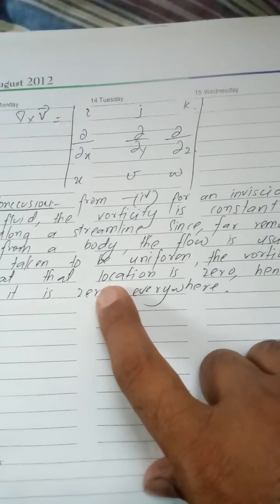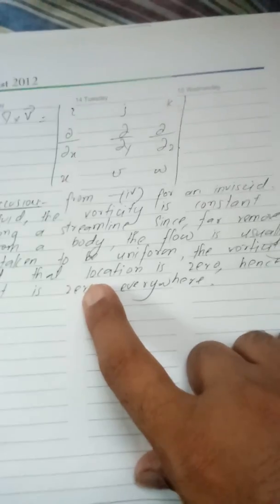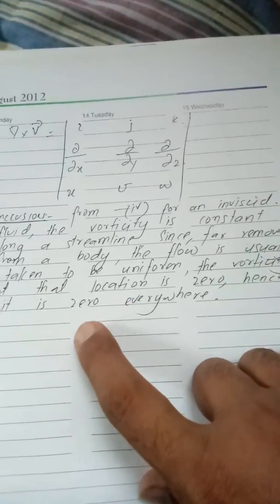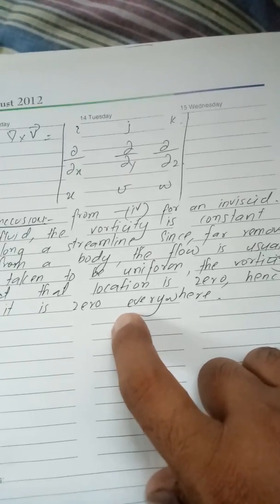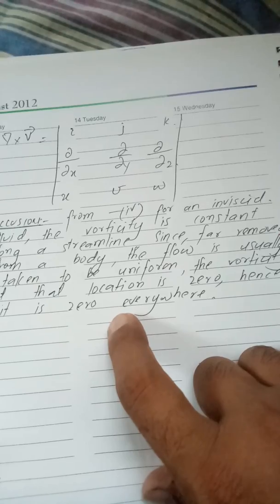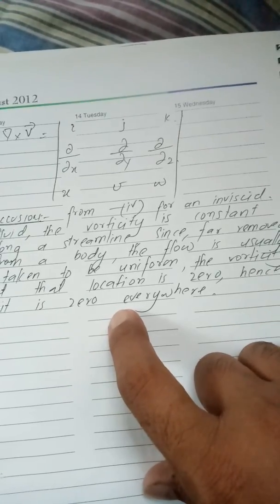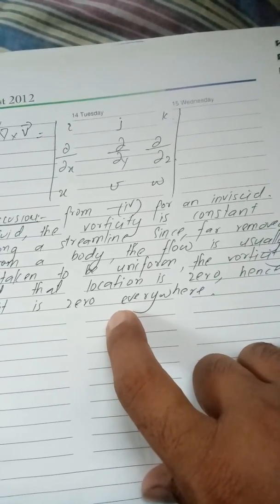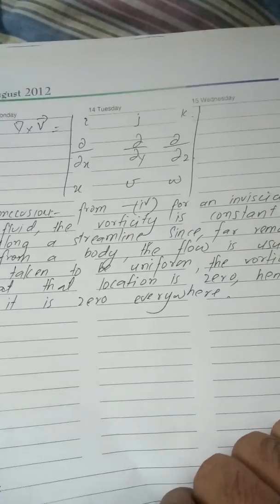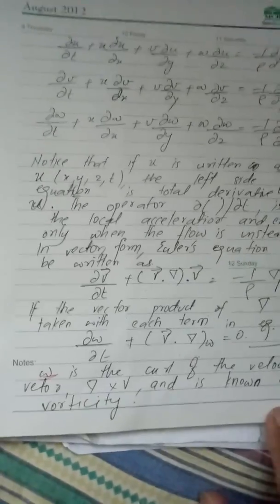Since, far removed from a body, the flow is usually taken to be uniform, the vorticity at that location is 0, hence it is 0 everywhere. So the flow remains uniform and the vorticity should be taken as 0 everywhere. This is the condition.